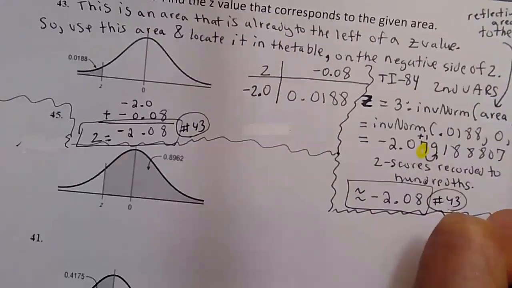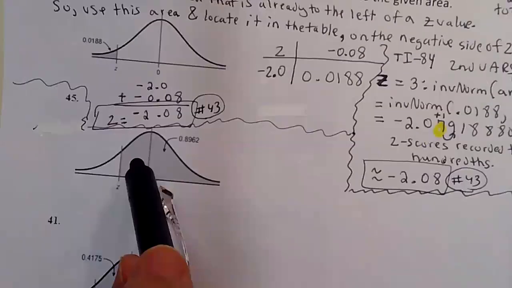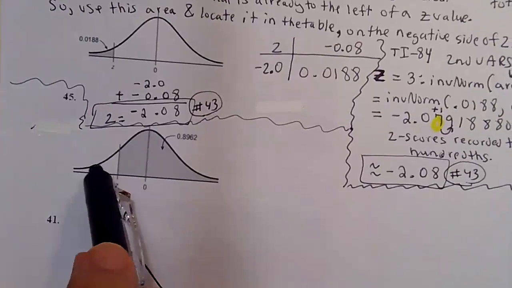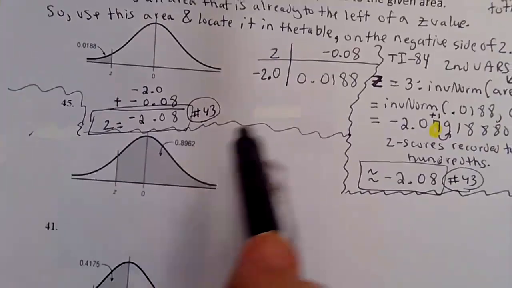Okay, now see how this is not an area that's to the left of the curve? You need to be looking up the area to the left of the curve, especially when we're using the table.